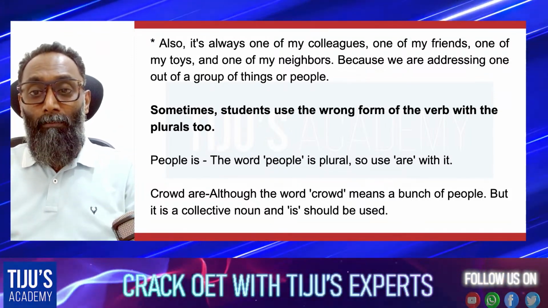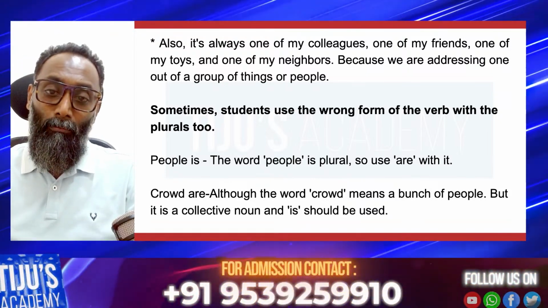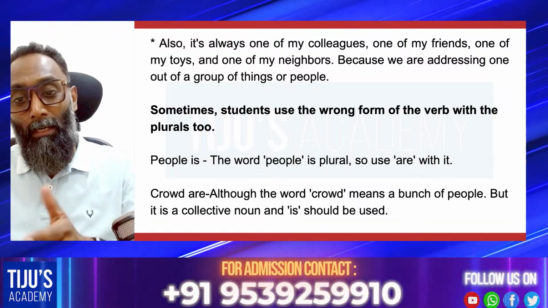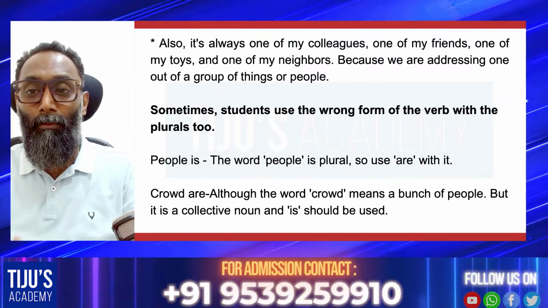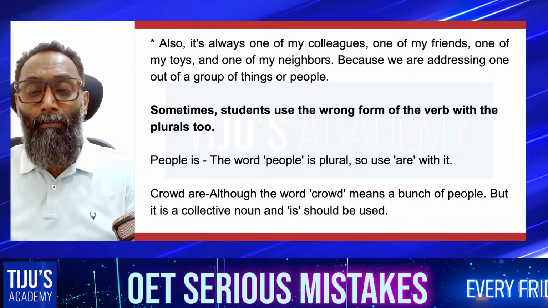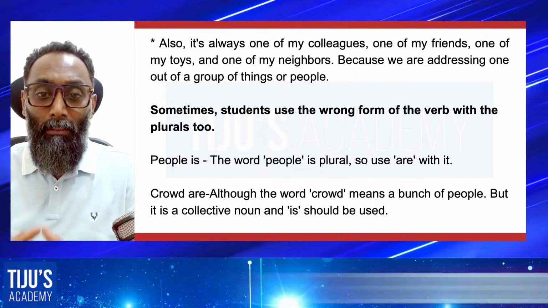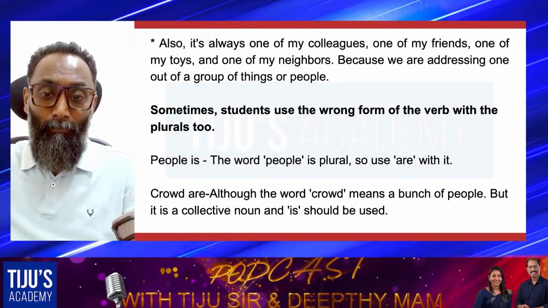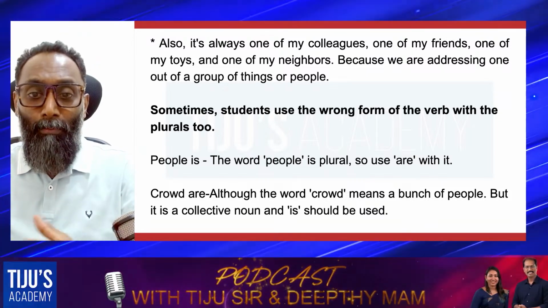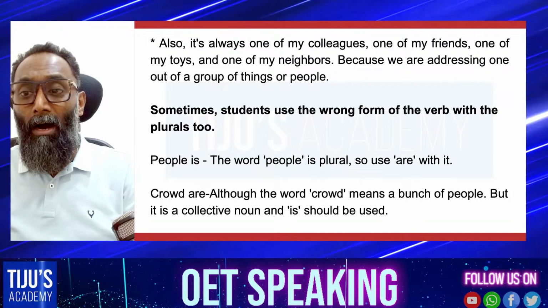And also sometimes students use the wrong form of verb with the plural. If it's more than one, plural, students often use the wrong form of verb. People is? The word person is one person, and when there is a group of persons, it's people. So the word people is plural, so use are with it.